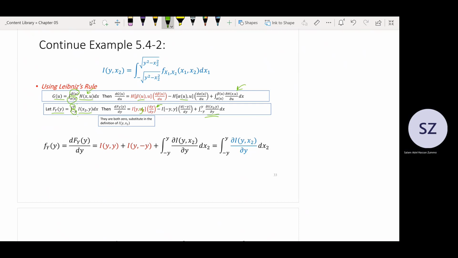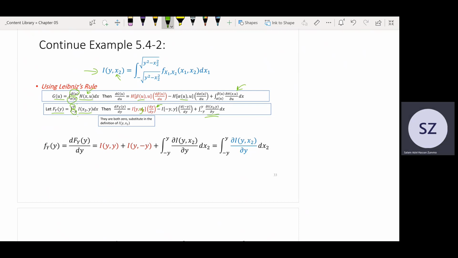So now, what is the derivative of I with respect to y? Look, this is I, a function of y and x2. What is it evaluated at y? If I put this as y, then what will be the limit?